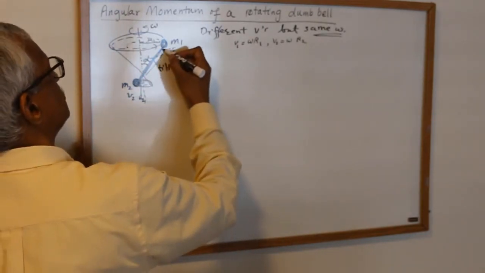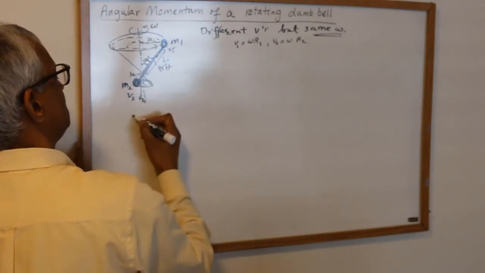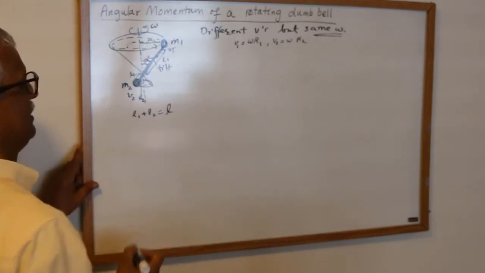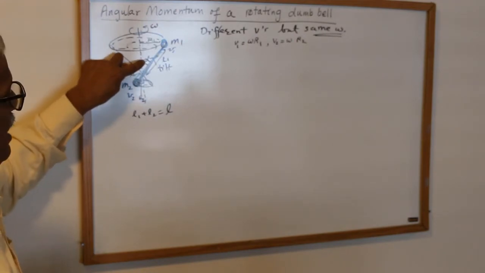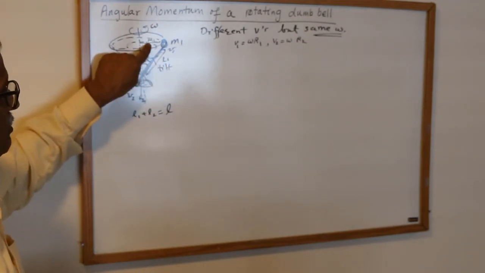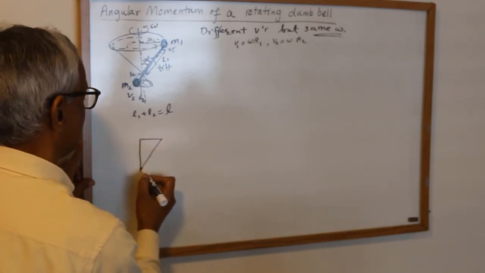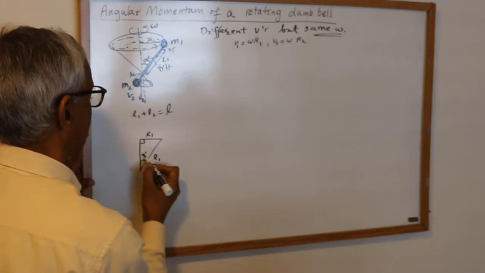If this distance was L1 and this distance was L2, with L1 plus L2 the total distance, I would be able to figure out from alpha and L1 what R1 will be. If I look at R1, it looks like this. This is R1 and it's L1 and this is alpha.